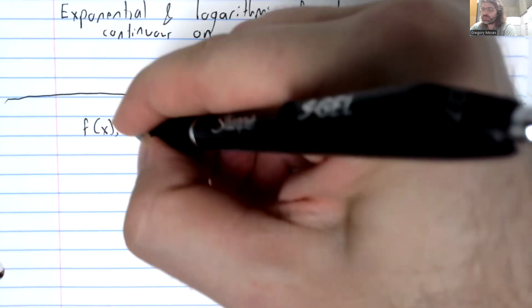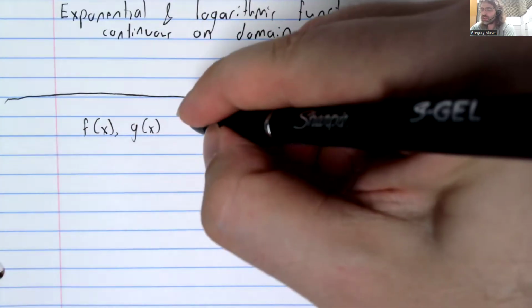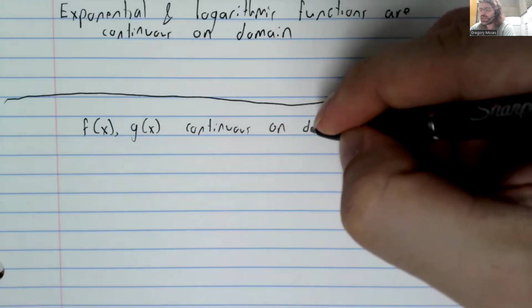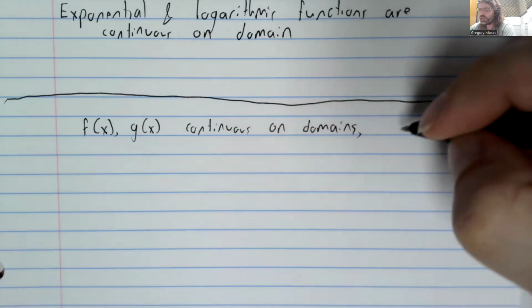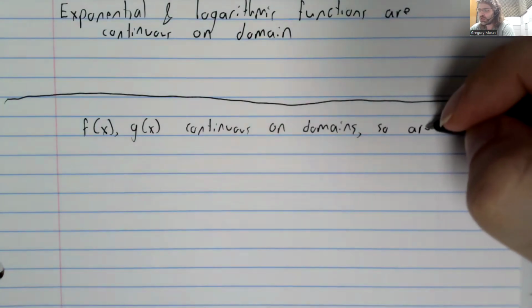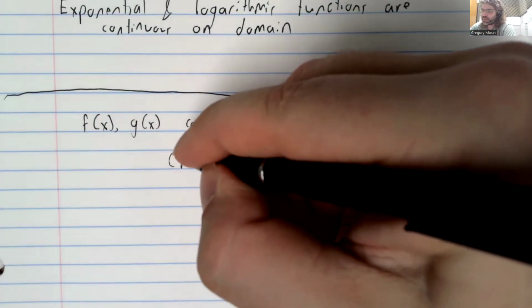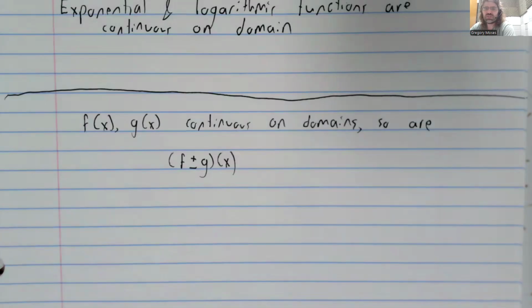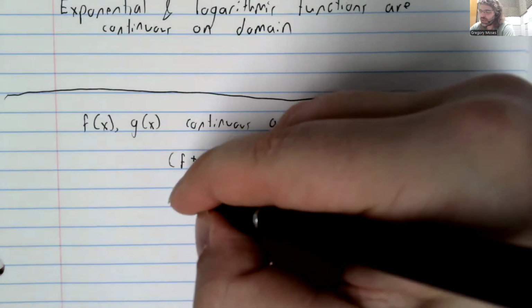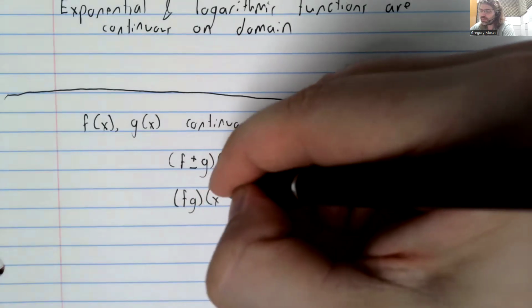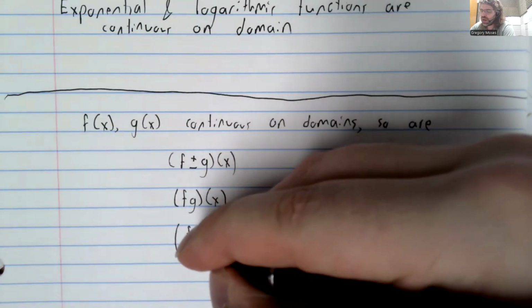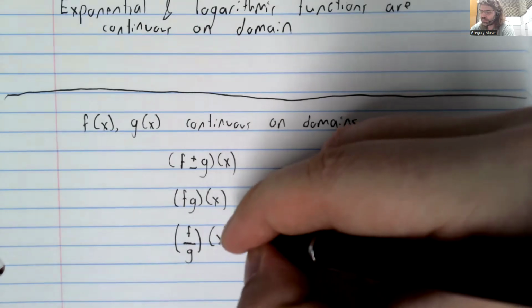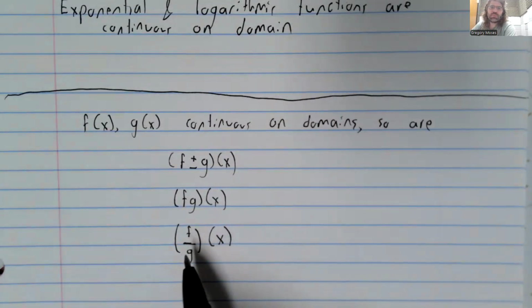If f of x and g of x are continuous on their domains, so are f plus g, f minus g, f times g, f divided by g, be a little careful.